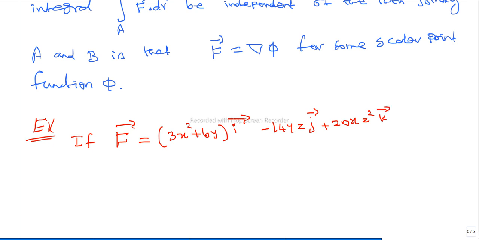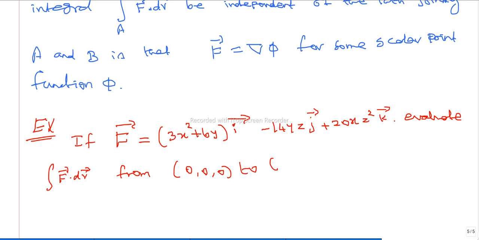Evaluate the integral of F dot dr from the point 0, 0, 0 to 1, 1, 1.